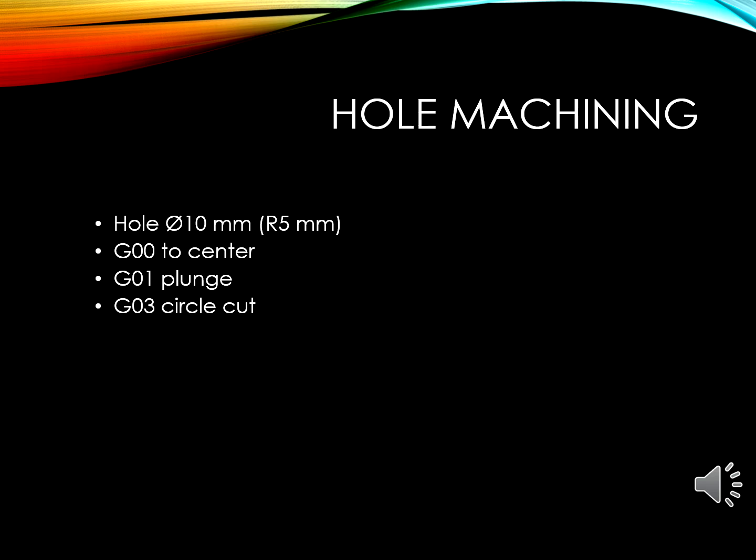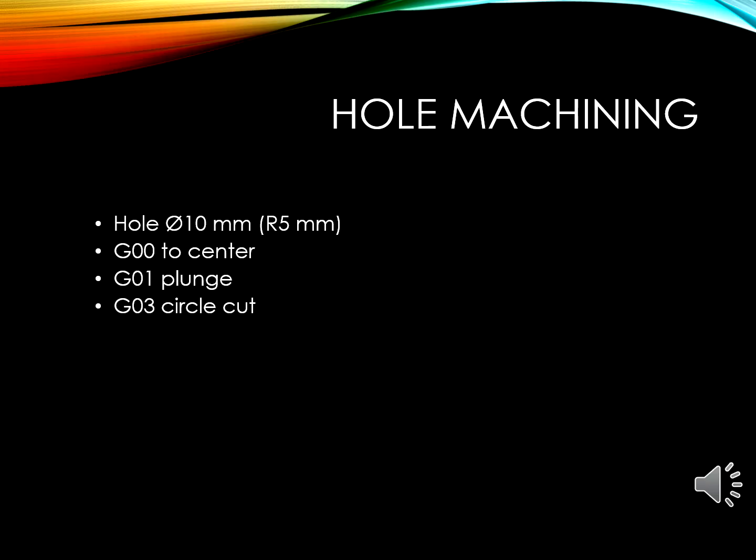Hole machining overview. Let's first focus on the hole. The hole has a diameter of 10 mm, which means it has a radius of 5 mm. We move the tool to the center of the hole using a G00 rapid movement. After reaching the hole center, we switch to a controlled feed using G01 and slowly lower the tool into the material.